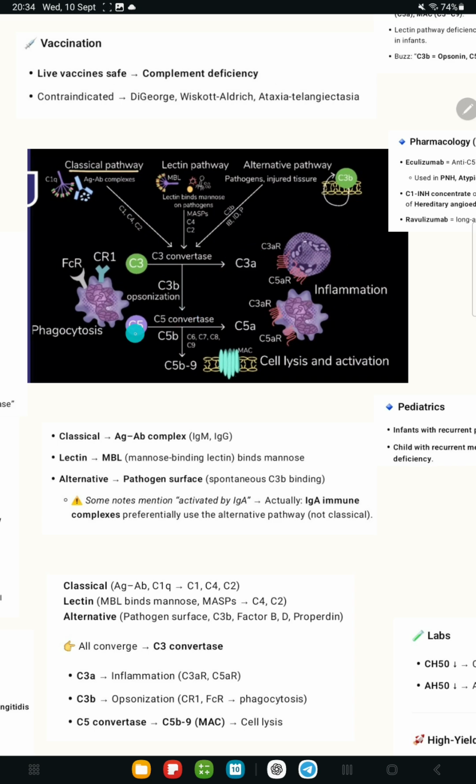Now C5 is converted into C5a and C5b with the help of C5 convertase, and ultimately C5b is converting into C5b-9, which is the MAC complex, and this MAC complex is responsible for cell lysis and activation.